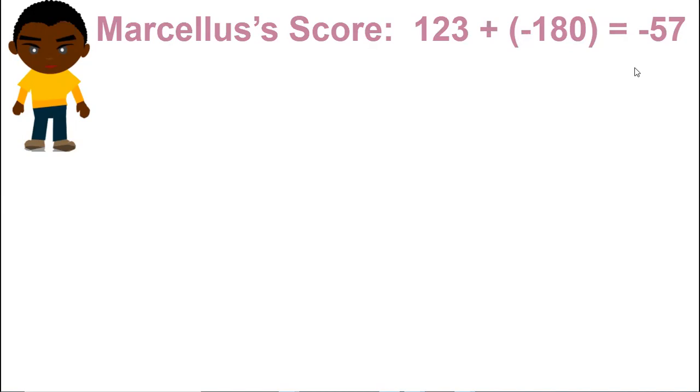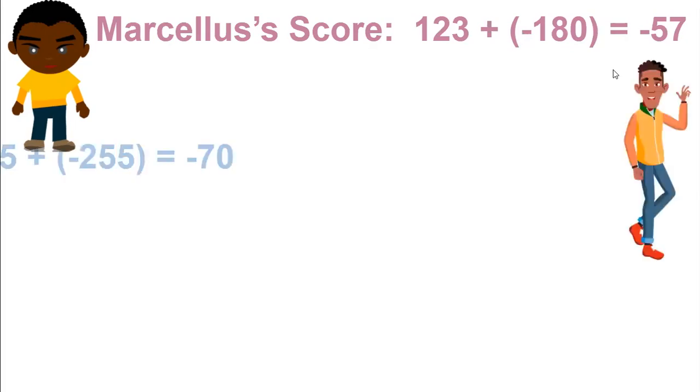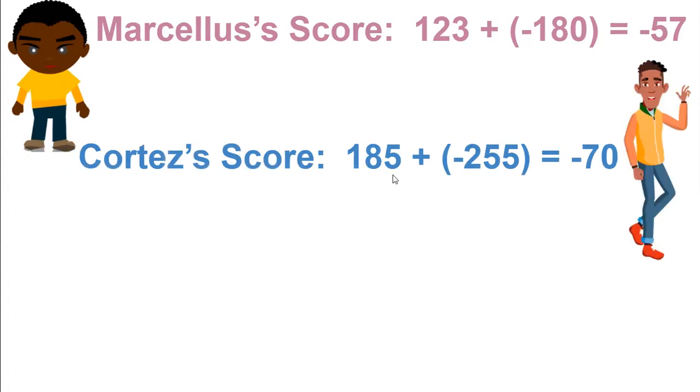So let's take a look at Cortez. So Cortez, he earned 185 points, but he lost 255 points. So think of it as he has $185 in his pocket and he owes somebody 255.